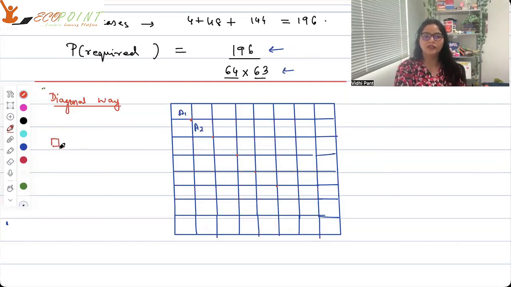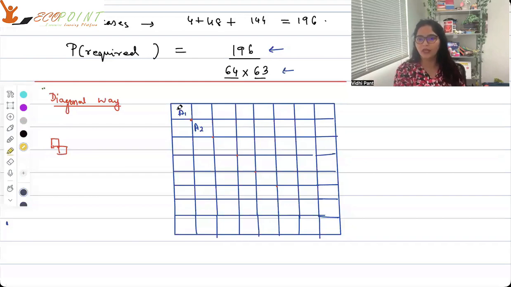So we can look from the point of view of diagonals. Let's start with the main diagonal.